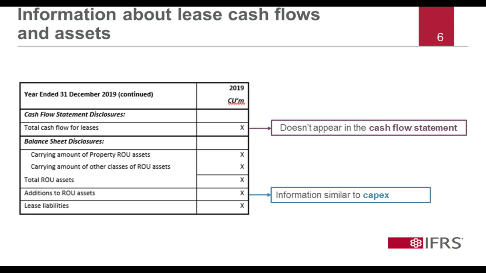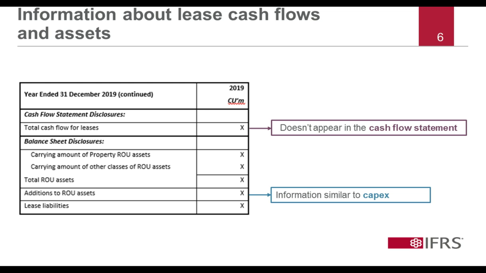Sticking with the cash flow statement theme, I'd also like to mention effective capital expenditure. This was another aspect of our discussions on the cash flow statement that we addressed via disclosure. When a company buys PP&E, there is an initial cash outflow that appears in investing cash flows on the cash flow statement.